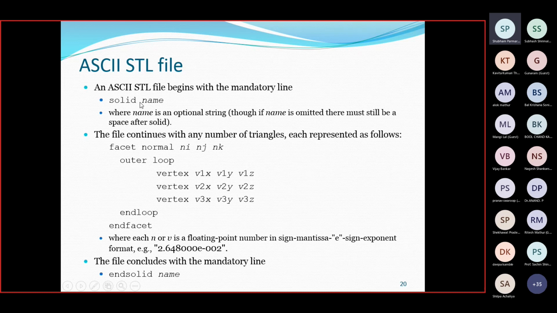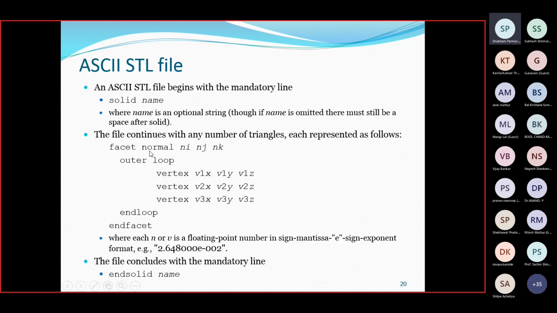After solid, you provide one space. Then you start with facets. For as many triangles as you have, you have to give that many facets. Remember, this code is just for one; you have to provide as many as the triangles you want in your drawing.